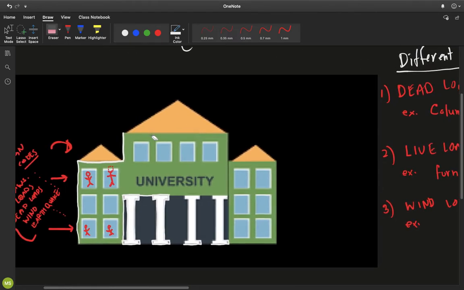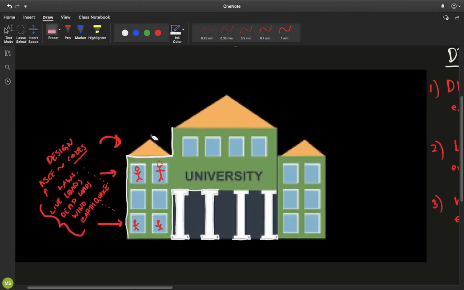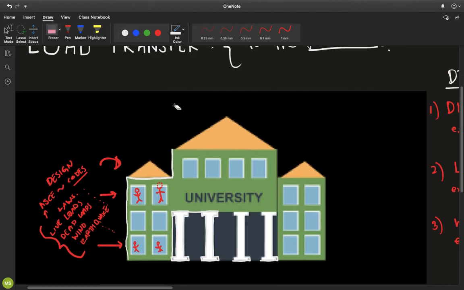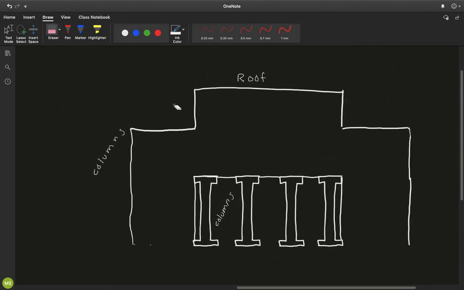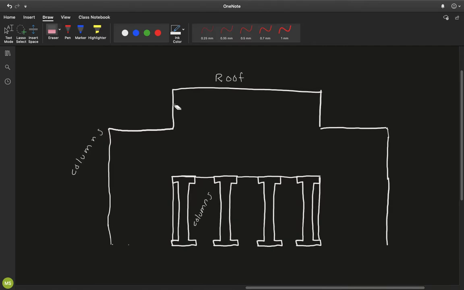And this goes back to the topic of load transfer. So I drew over here a really quick sketch of things that you should know. Go ahead and draw a couple scenarios.